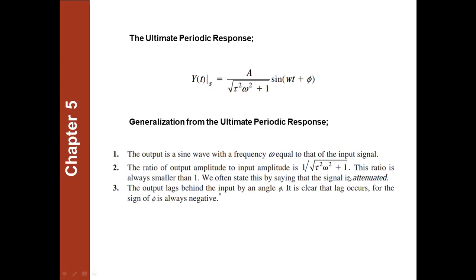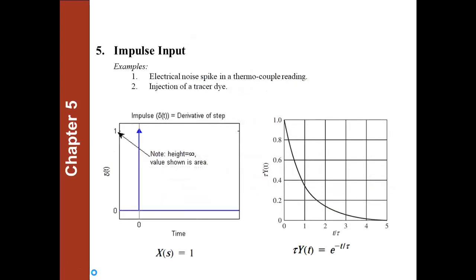And this demonstrates the attenuation in the signal, or shall we say the signal value in terms of its magnitude is decreased. So there is attenuation. And the output lags behind the input by an angle phi. Okay, it is clear that where lag occurs, the sign of phi is always negative. Okay, now let me proceed.